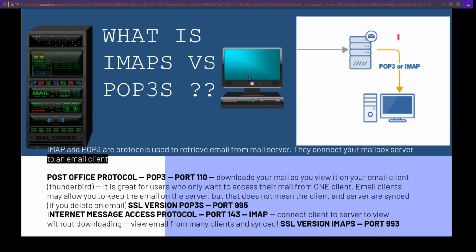With the Post Office Protocol, it downloads all your mail as you view it on your email client. It will delete it from the server, is what I'm trying to say. On IMAPs, or IMAP, it syncs your email in the server with your client, like Outlook or Thunderbird.